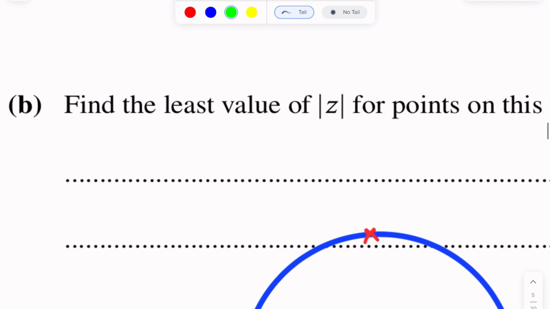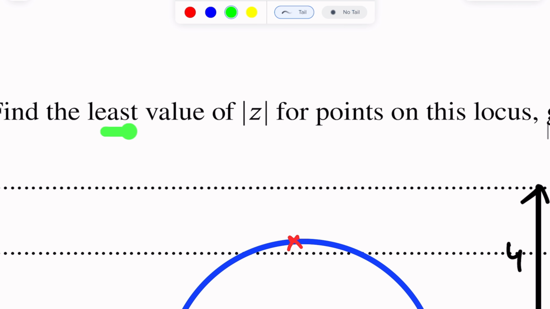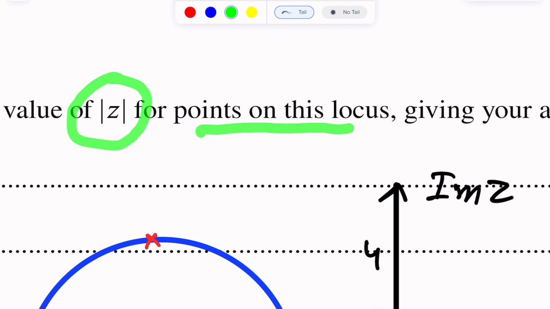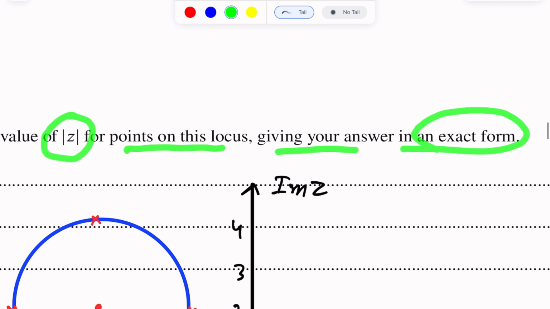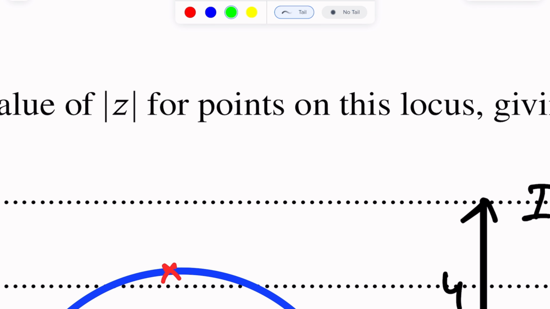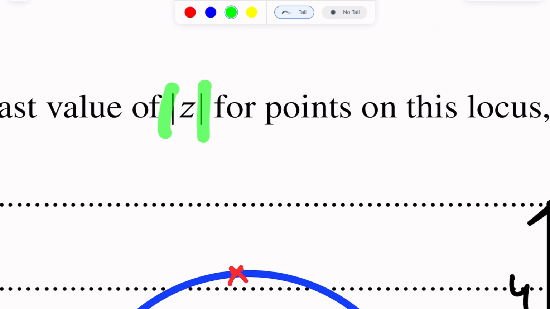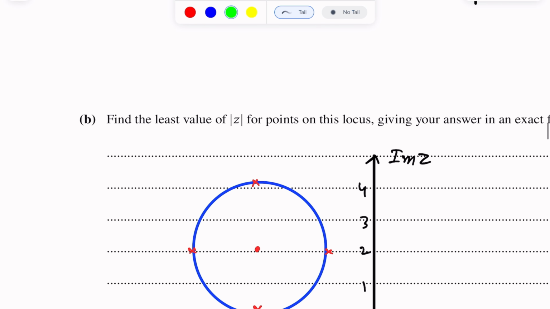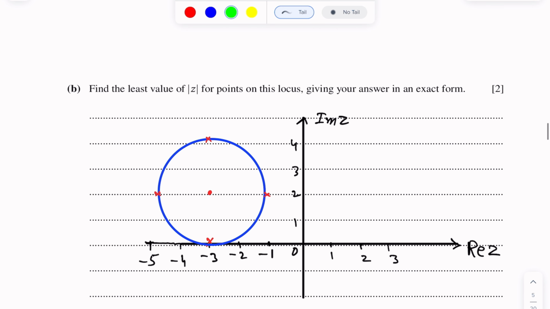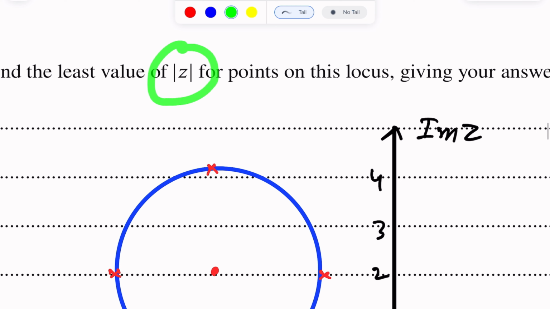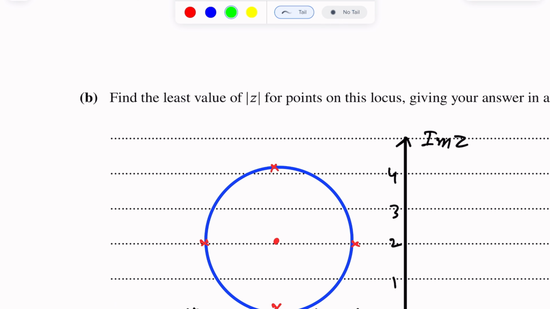Now part B of this question is: find the least value of modulus of z for points on the locus, giving your answer in exact form. Now we have to find the least value of modulus of z. The locus of z is clearly this circle, and z is a general complex number.